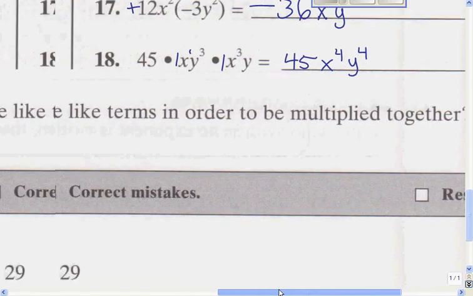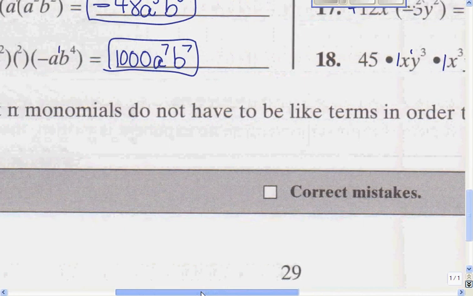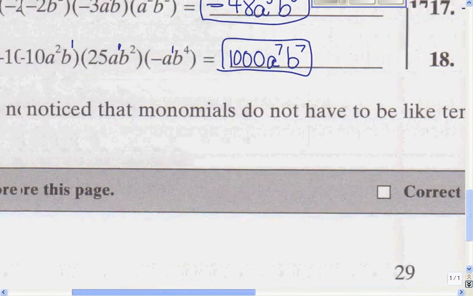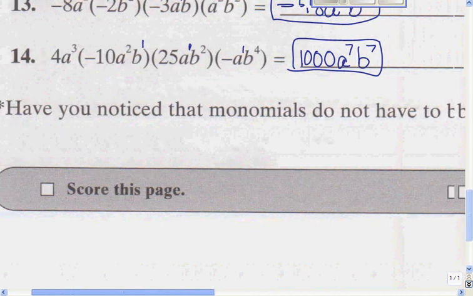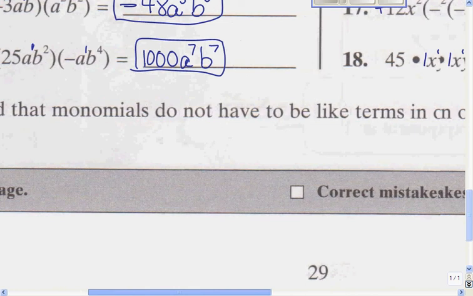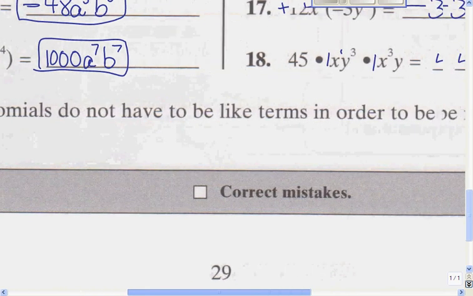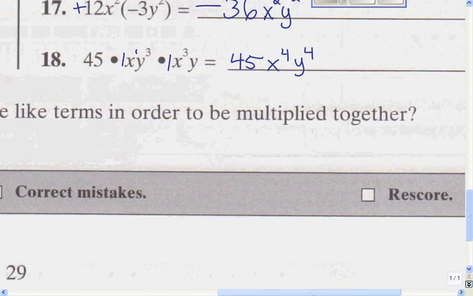That's it. Let's see. What does it say here? It says, have you noticed that monomials do not have to be like terms in order to be multiplied together? Yeah, we have noticed that.